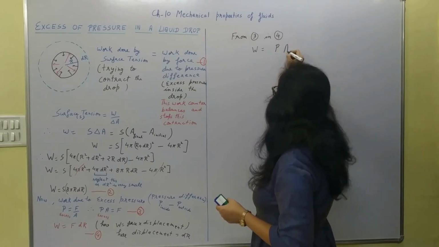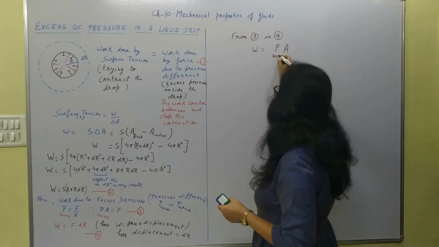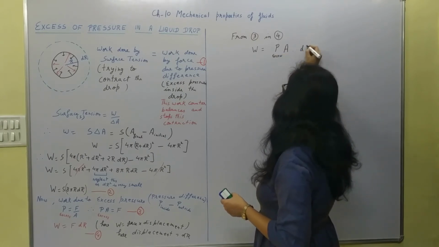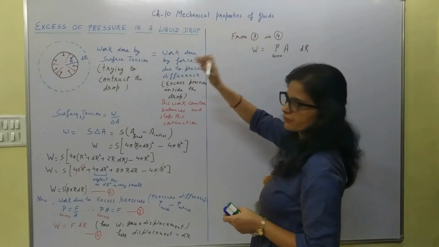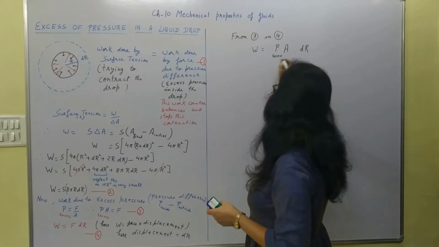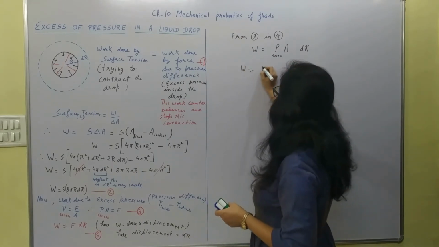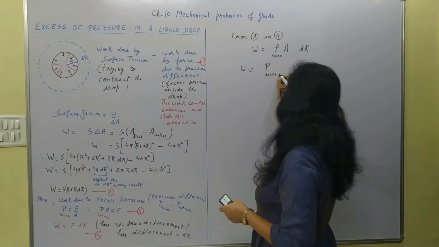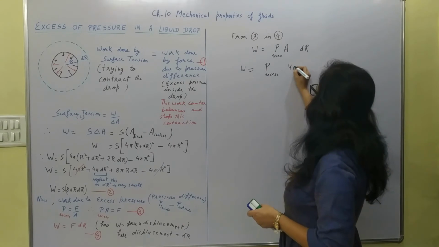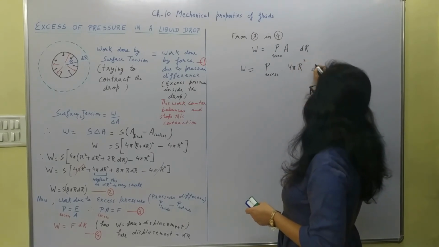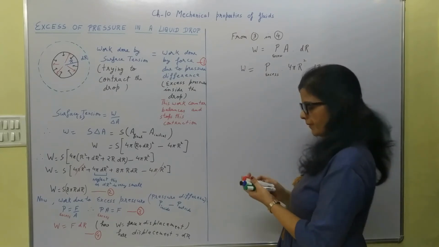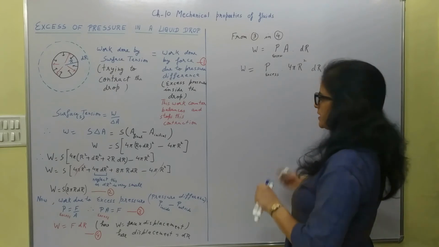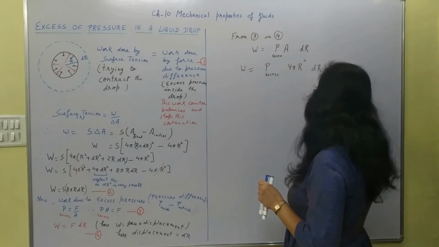Excess pressure into area into dr. Which area we are talking about? Because this excess pressure is shifting this way, outside, so the initial area. So W is equal to excess pressure into area, 4 pi r square, into dr, and this work must be equal to the work done by surface tension. So I am marking this as equation 5.